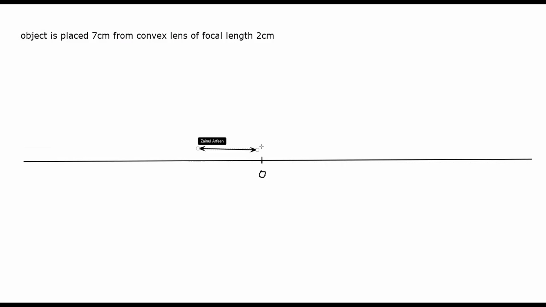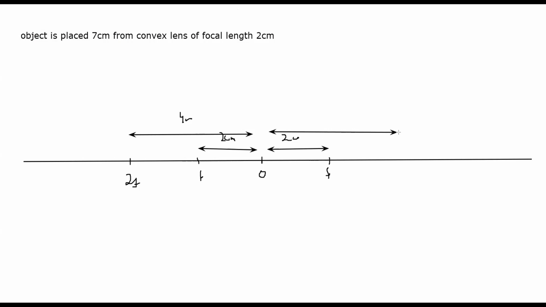So measure 2 centimeter on both sides and mark the focal length, F. And measure a further 2 centimeter, a total of 4 centimeter from the center, and mark 2F. So this is a point which you have to complete.